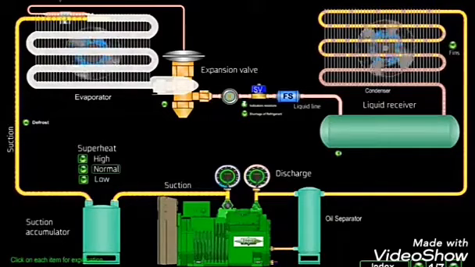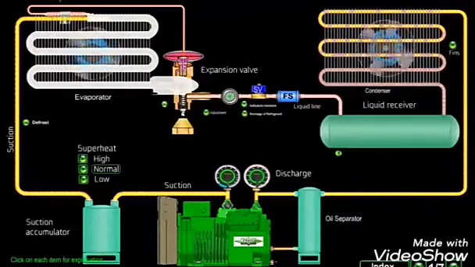Next one, evaporator. The evaporator is supplied with refrigerant from either an expansion valve or a capillary tube, depending on the type of system. The refrigerant at the evaporator inlet is a saturated mixture of liquid and vapor at low pressure.